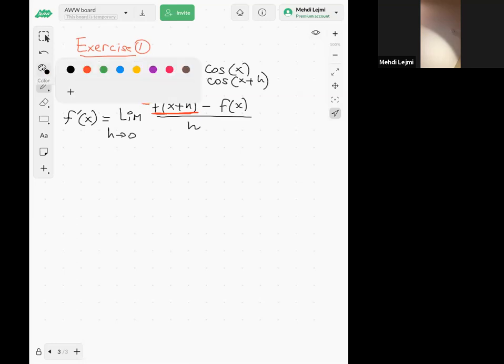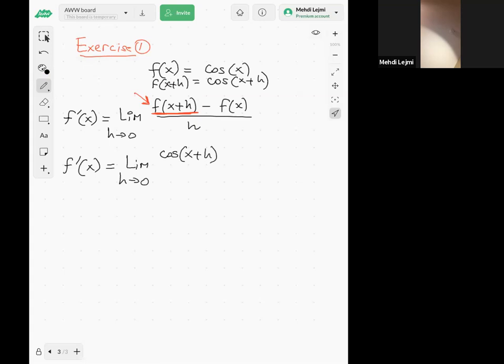So my f prime of x is the limit as h goes to 0 of cosine of x plus h minus f of x, which is cosine of x, over h. Now I want to compute this limit.